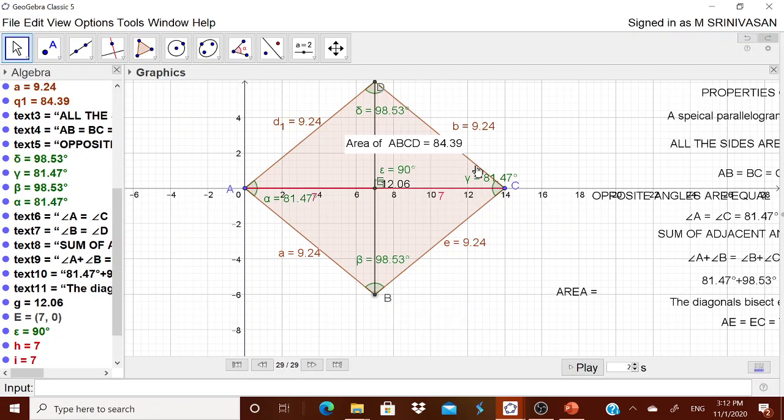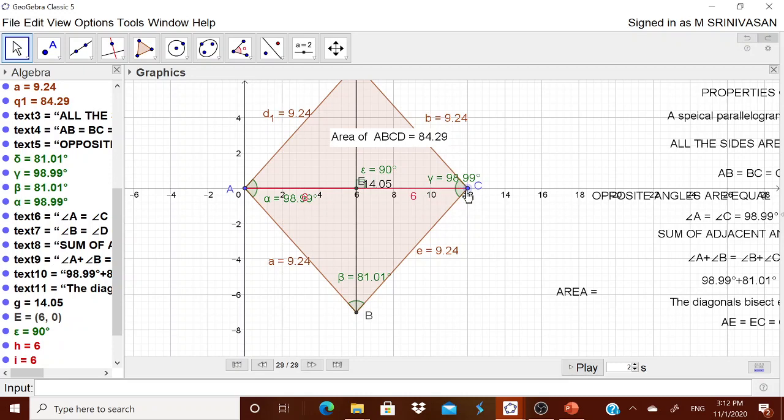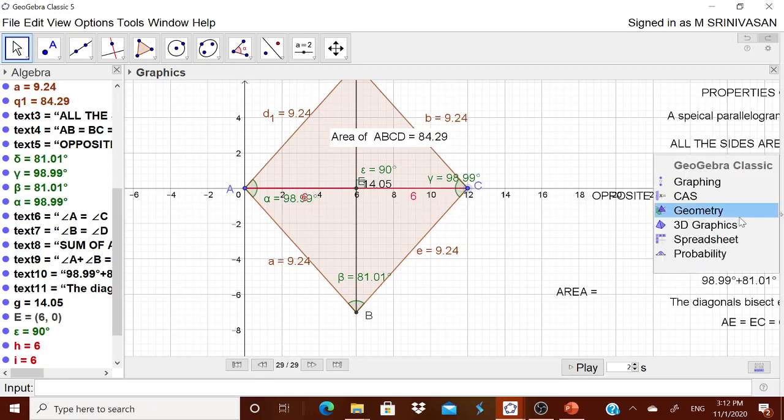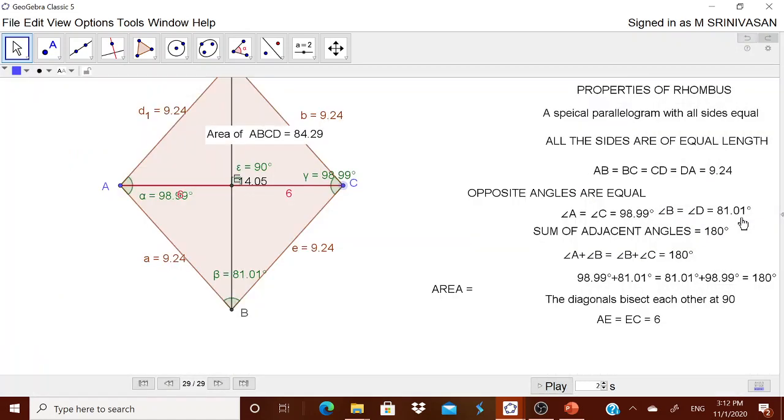Okay, well, now I think with this the child can find the properties of a rhombus, the property of its diagonals, the property of its angles, and how to get the area from the lengths of the diagonals.